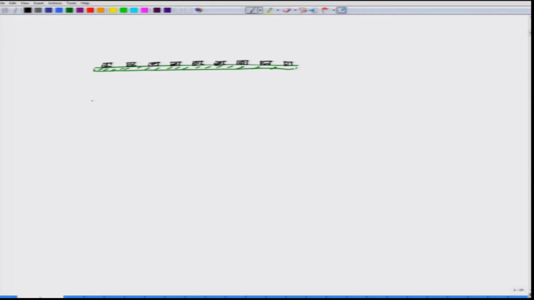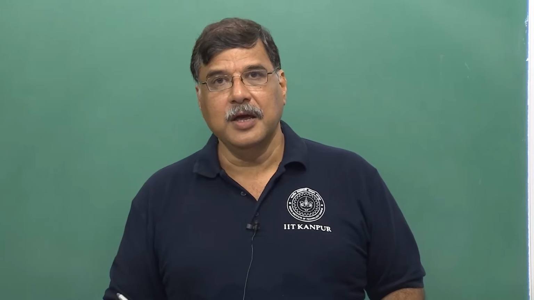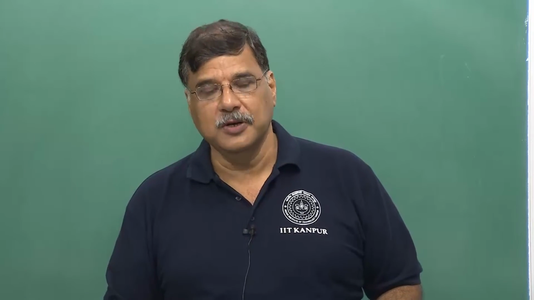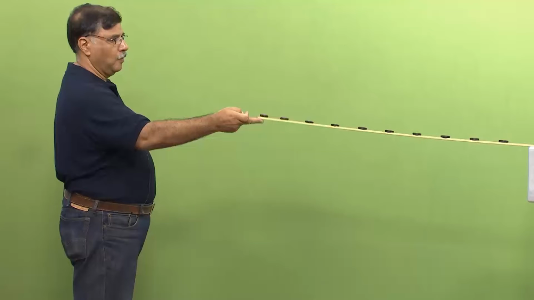What you would have noticed is that as the rod is rotating downward, the coins are also falling down. What exactly is the position of these coins with respect to the rod, you will see more clearly in the slow motion run of the whole demonstration, which I will run now.